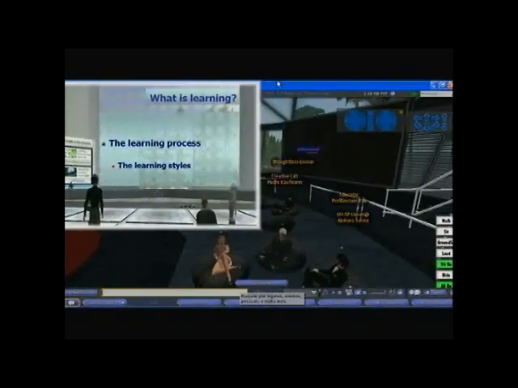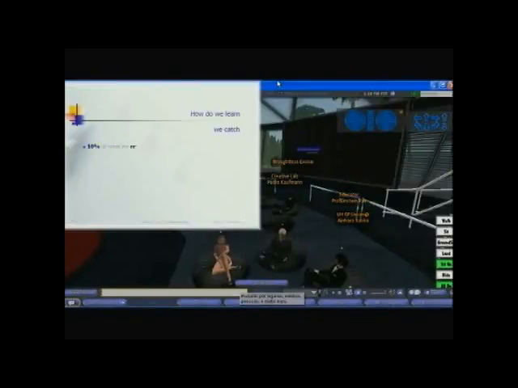So learning styles, as I have mentioned to you, we can learn more or less 10% from what we read, 20% from what we hear, and 30% from what we see. This means the act of transmitting information. And 80% from what we say and 90% from what we say and teach and practice.